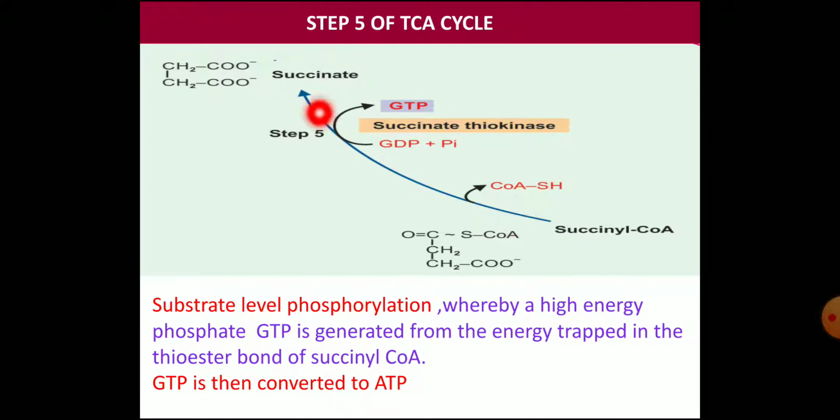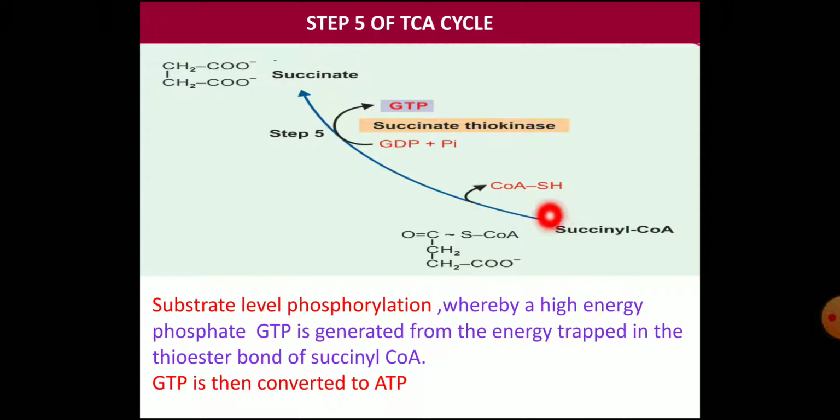one important thing about this reaction is it is a substrate level phosphorylation step. What do you mean by substrate level phosphorylation? We have studied in your glycolytic pathway and also while studying the enzymes. Okay, anybody remembering?